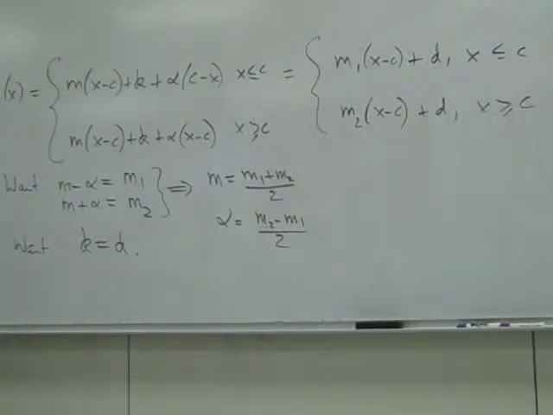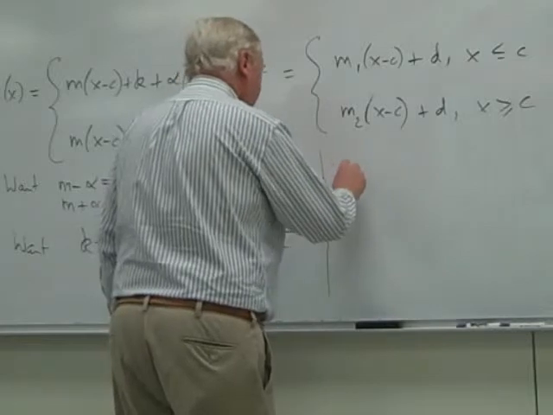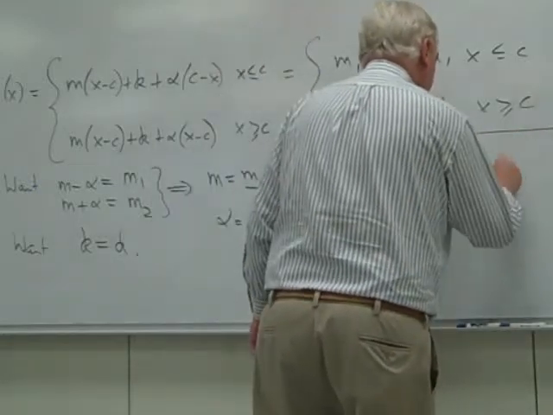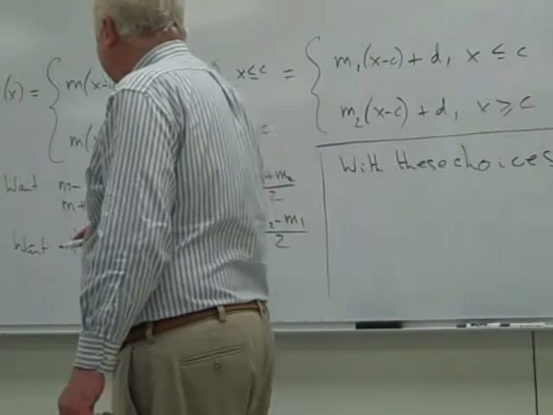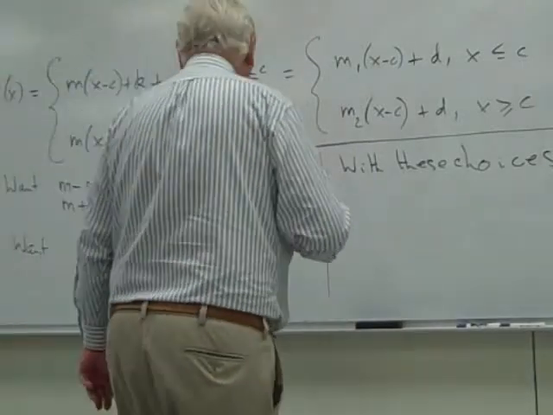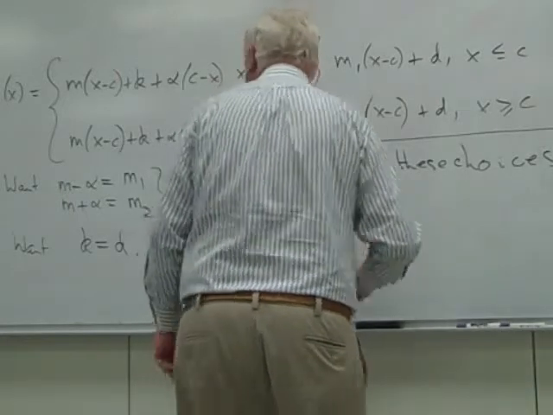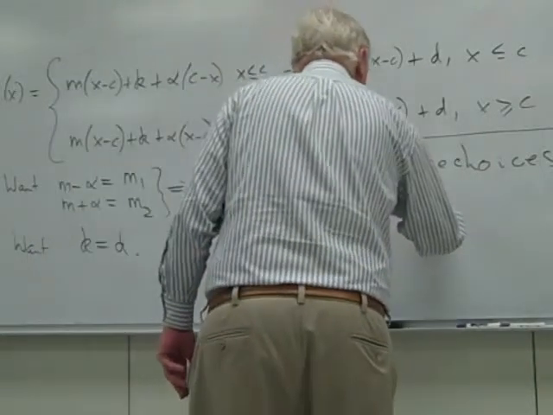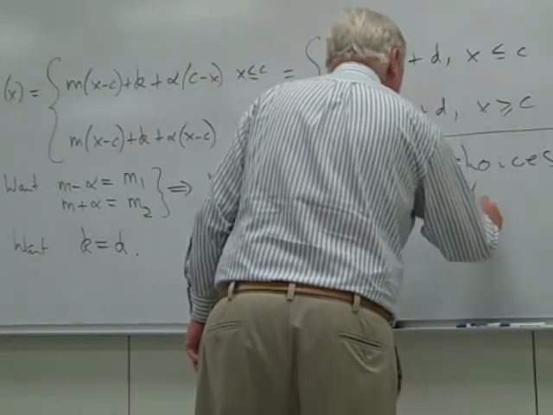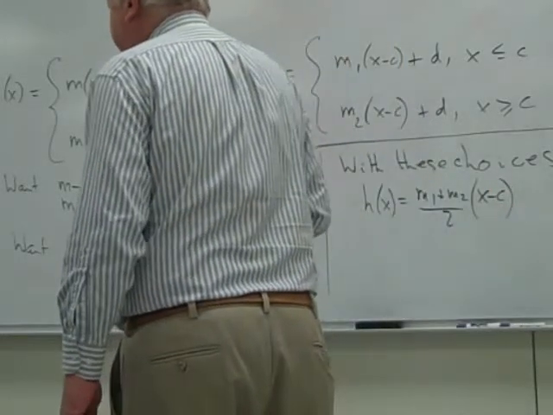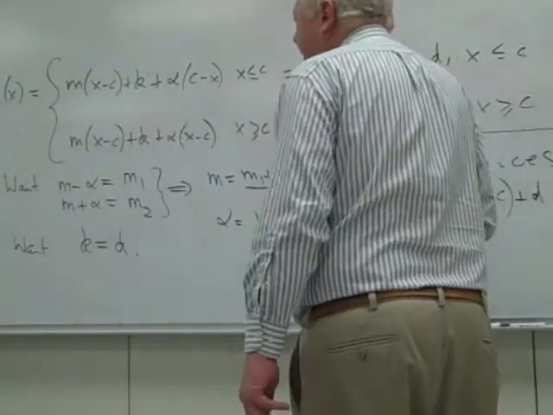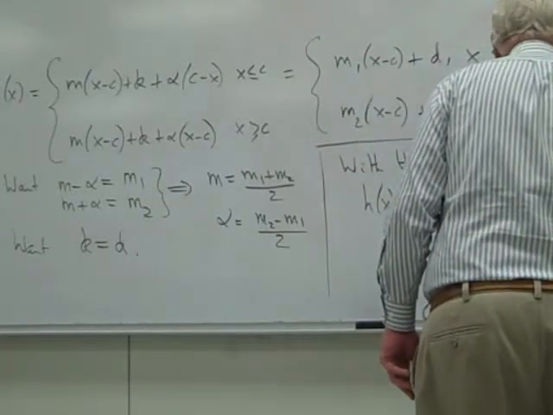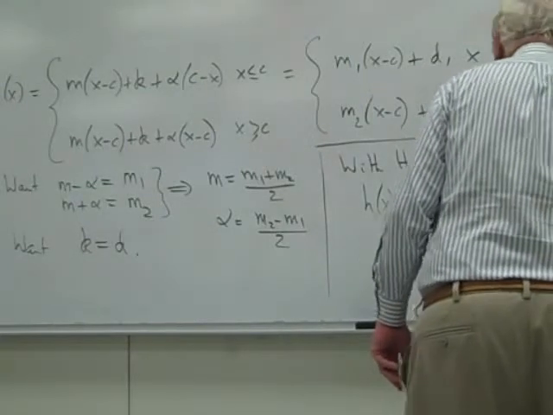Okay, so with these choices, what I will have then is that h of x is equal to (m1 plus m2) over 2 times (x minus c) plus d plus (m2 minus m1) over 2 times the absolute value of x minus c.